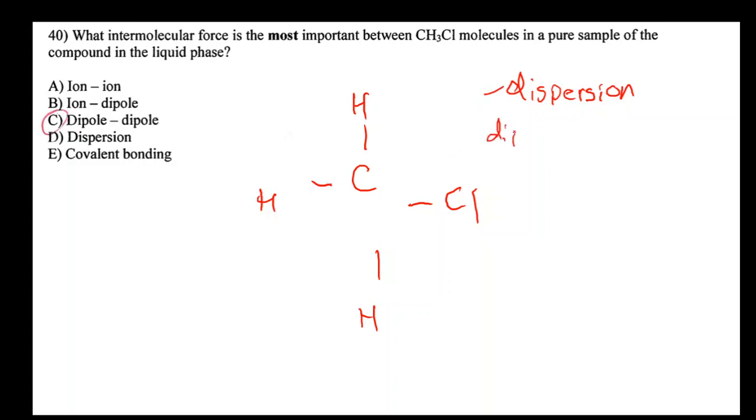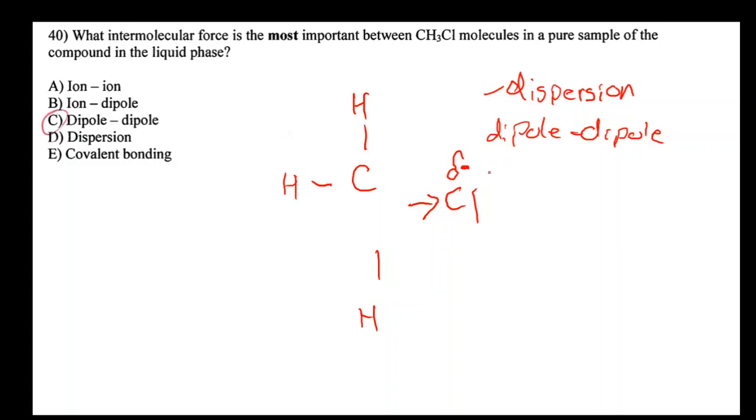Next is dipole-dipole. And that's dependent upon whether the molecule is polar or not. So in this case, these CH bonds aren't really going to matter, but this chlorine is more electronegative than the carbon, so it's going to be trying to pull electrons towards itself, giving it a partial negative charge over here.